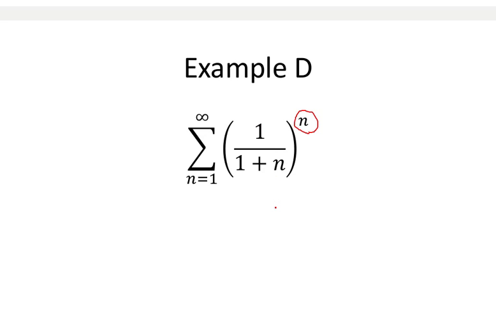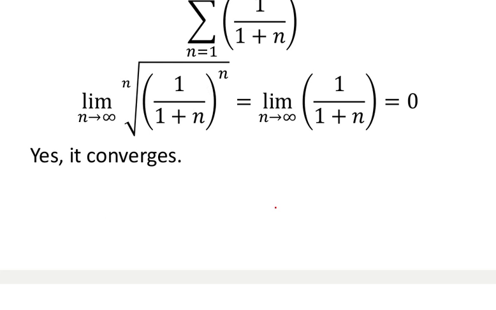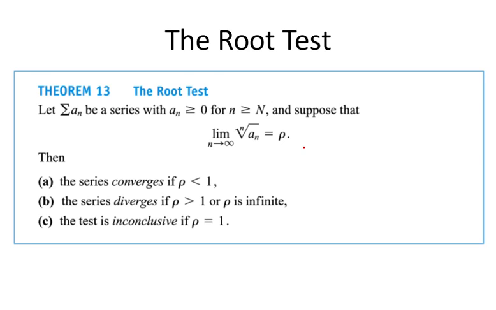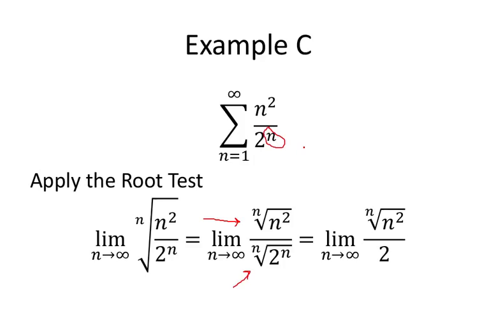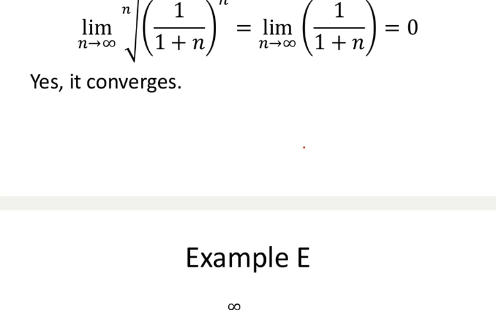That's a hint to what you should be doing. And so we apply this, and it reduces to a limit, as n approaches infinity, of 1 over 1 plus n, which is equal to 0. 0 is less than 1, so from our table up here, less than 1 means the series converges. So it does converge.